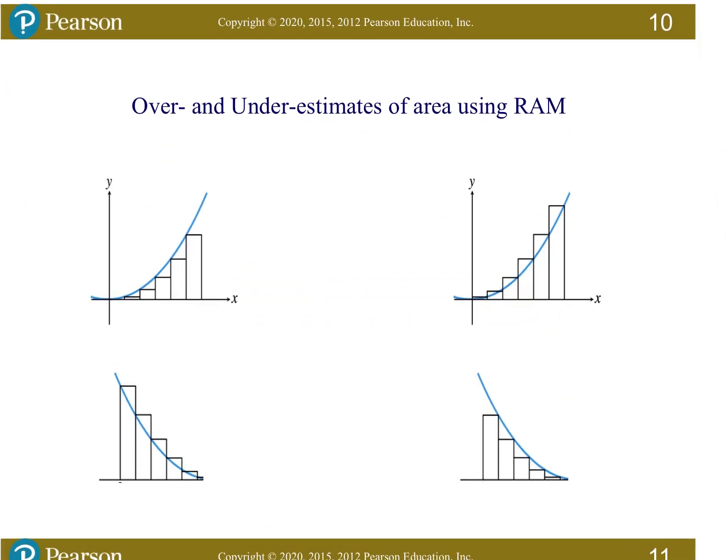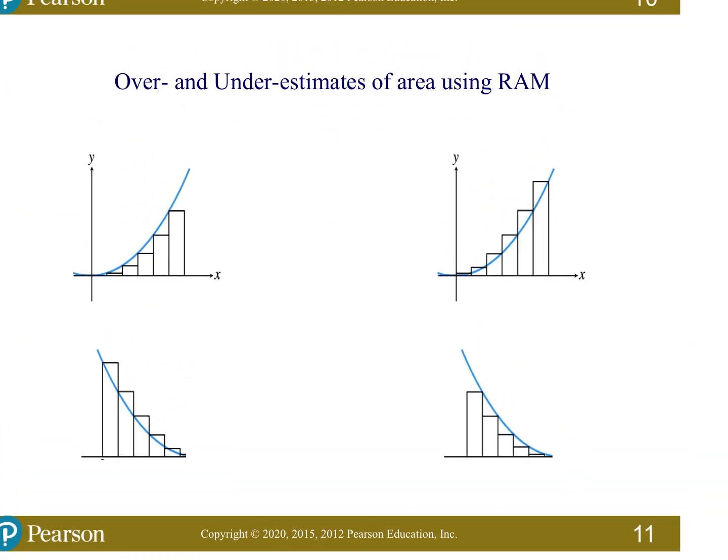Okay? All right, so look at the difference here. These are the different situations that you would have. If you have increasing with positive concavity and left rectangles, you'll always be underestimating.